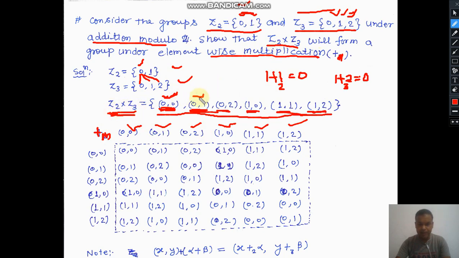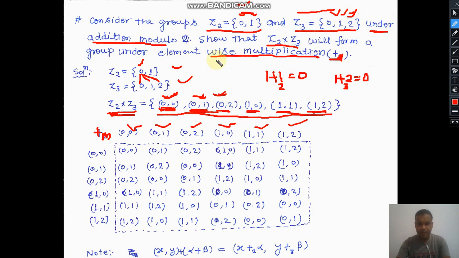So this data will be generated by multiplication, while the operation between these two elements will be performed under addition, because it is given that the elements of these two groups will be composed with each other only under addition.